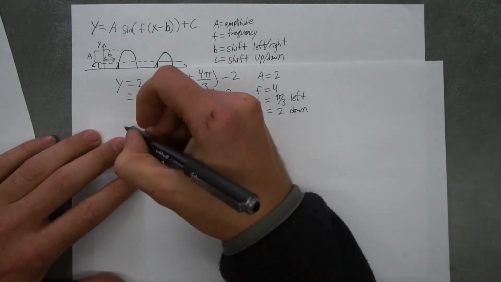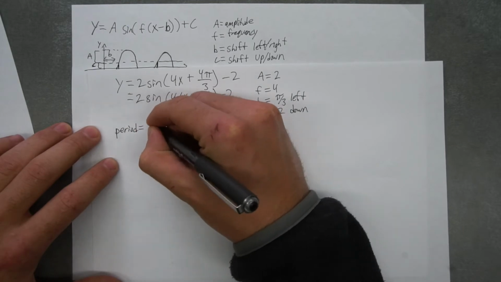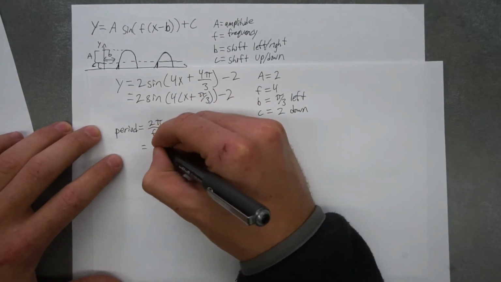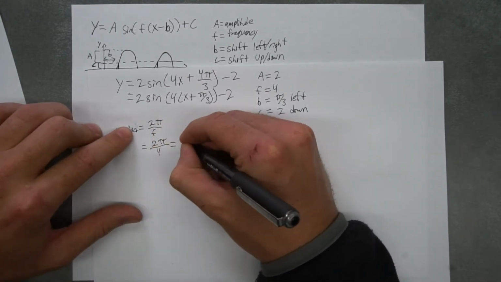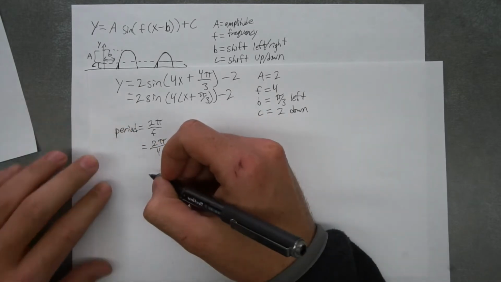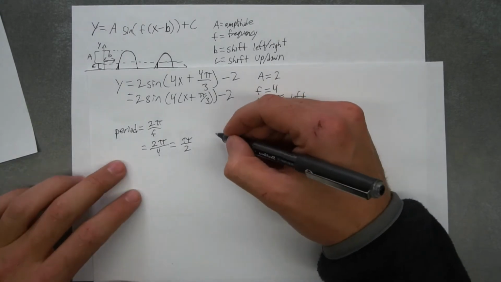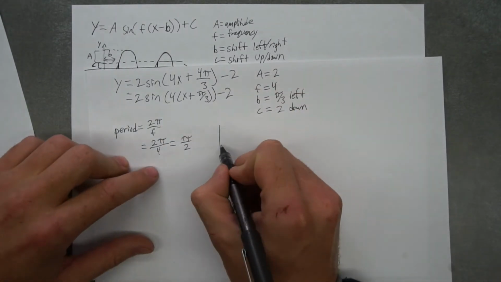So let's find the period. The period is equal to 2 pi over f, which is equal to 2 pi over 4, which is pi over 2. So now we can do the first graph, the graph where we ignore the vertical and horizontal shifts.